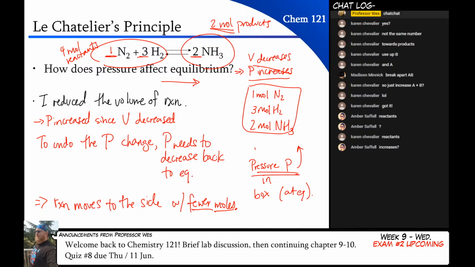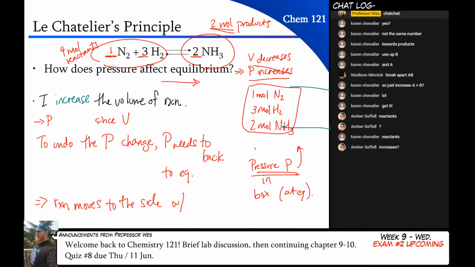All right, let's suppose I did the opposite. So let's get rid of all these actions here. And I'll just pick a new color to indicate what I've changed here. That's the wrong pen. There we go. All right, let's suppose that I expand the container.